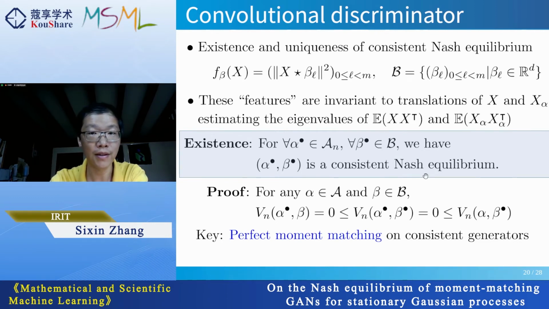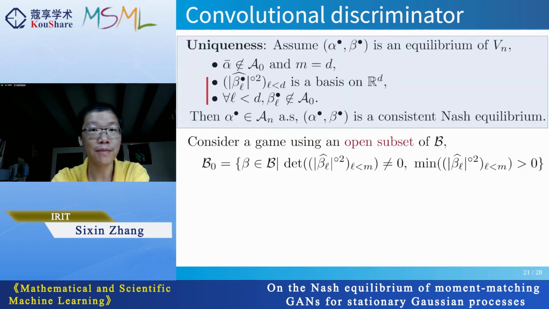And what we can show is that the existence is quite simple. If alpha dot is in the consistent generator set and beta dot is arbitrary, then it is a consistent Nash equivalent. Because in this setting, we still have the perfect moment matching. That means Vn of alpha dot, beta dot equals 0, and one cannot do better than that.